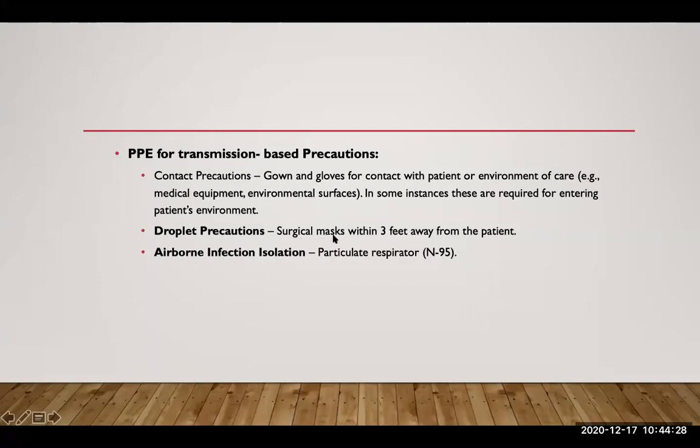Droplet infections, within 3 feet of the patient, can be prevented to a great extent by using a surgical mask. And airborne infections can be prevented by using a particulate respirator like an N95 mask.